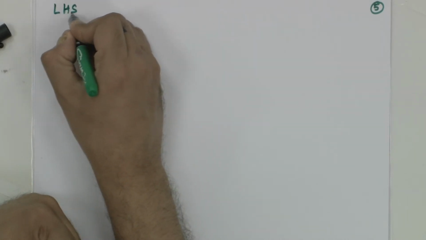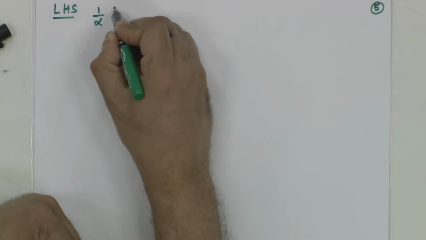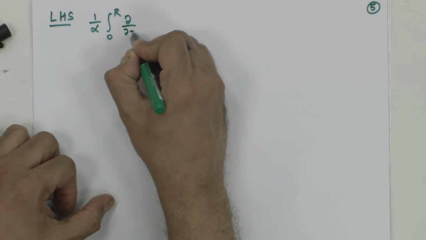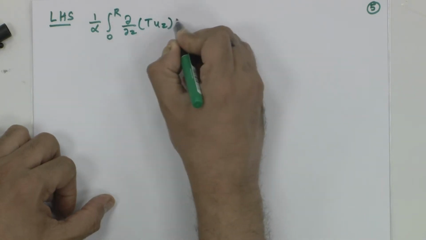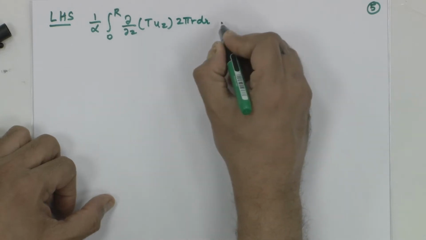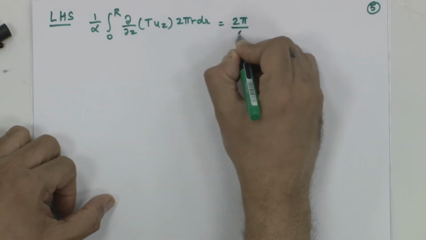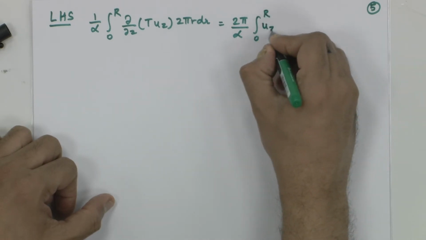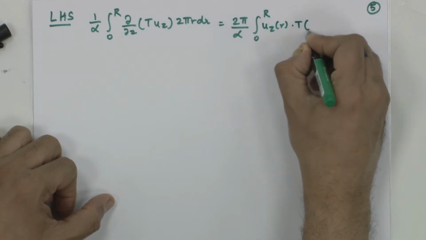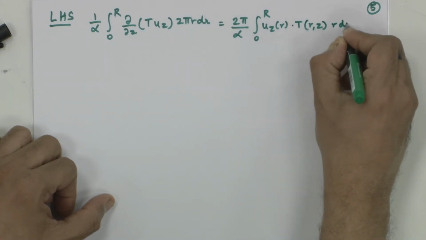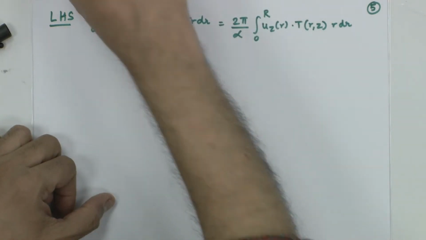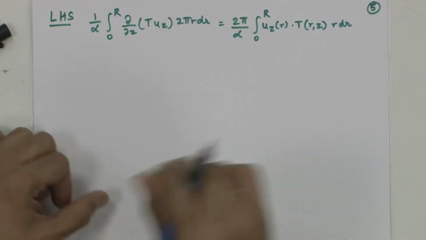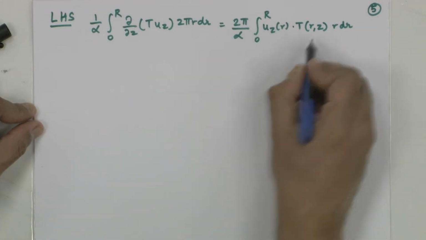So, let us write the left hand side, that is 1 by alpha, integral 0 to capital R of d by dz of T uz times 2 pi r dr. This is nothing but 2 pi by alpha, and I am going to write this in this form: uz of r times T of r comma z, r dr. Just to emphasize to you that uz is a function of r, T is a function of r comma z, and that is why we have to have this integral.